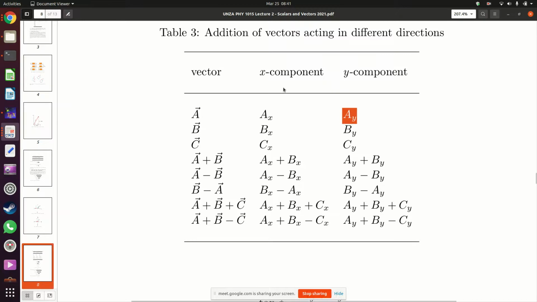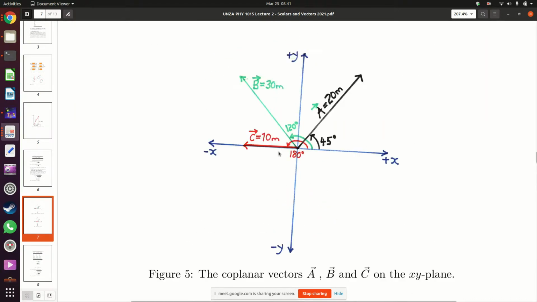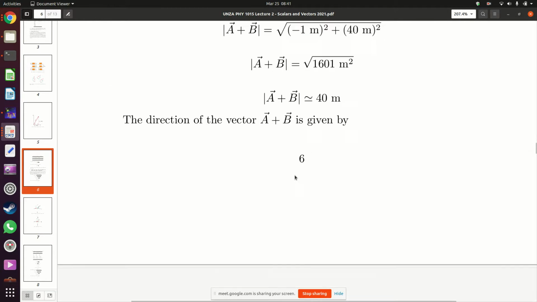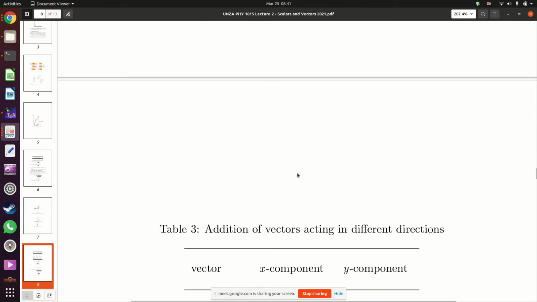And how do you find the x component for a particular vector? Just to remind ourselves, AX for a particular vector is equal to the size of the vector multiplied by the cosine of the angle the vector makes with the x-axis. AY is equal to the size of the vector A multiplied by the sine of the angle that particular vector makes with the x-axis. So that's how we work out these things.